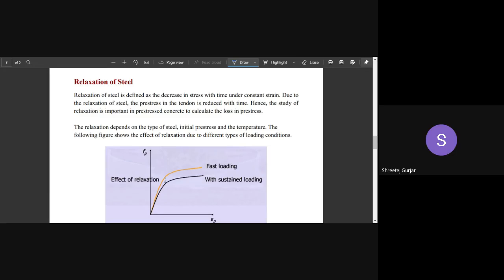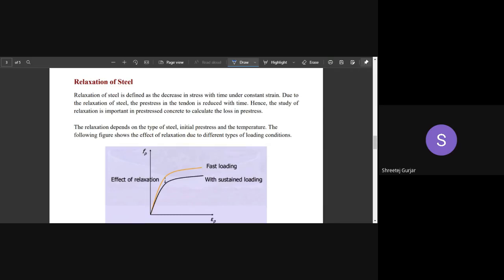As the temperature increases, our steel will undergo expansion. So the type of steel, the amount of initial pre-stress, and the temperature are the important factors on which the amount of relaxation depends. These three you have to remember.